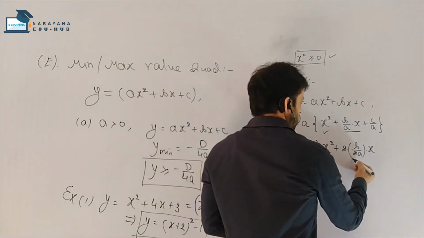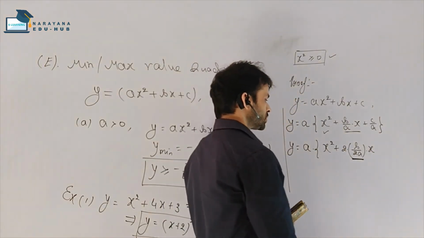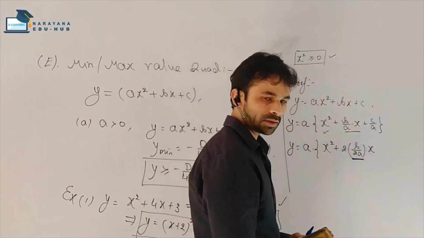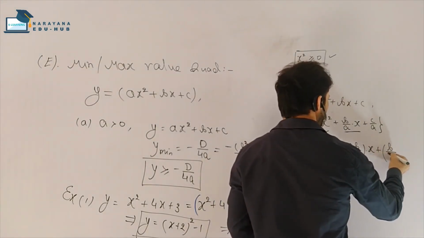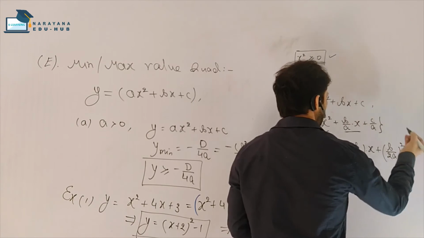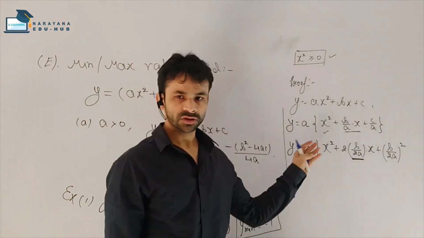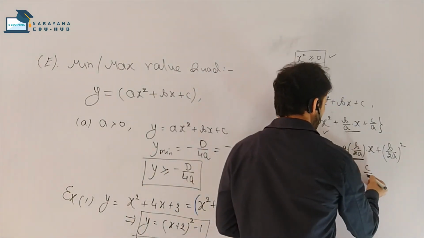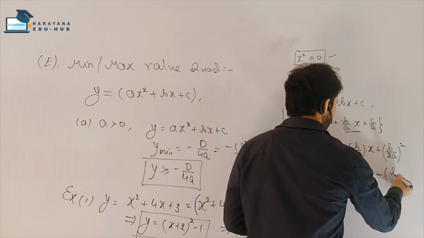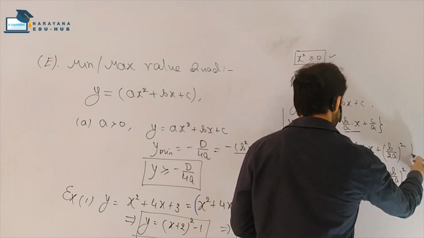So the square of this, I will add this thing. When I am adding this thing, we have to subtract this thing. So plus c by a minus b by 2a whole square.